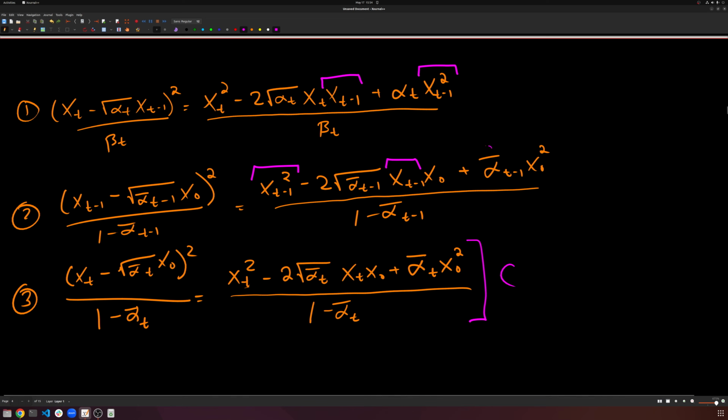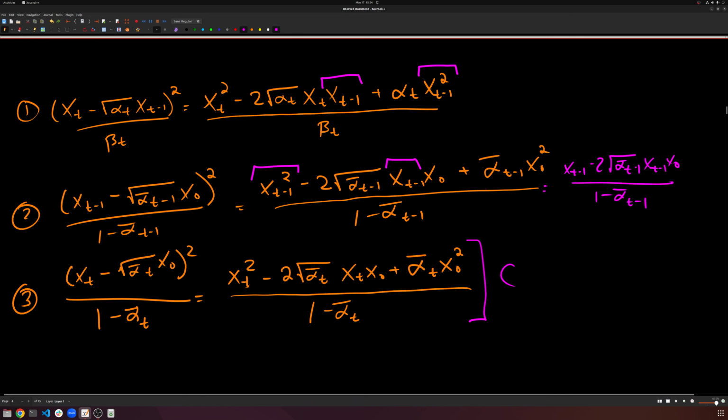And then, if we rewrote this as, let's do xt minus 1 minus 2 square root alpha hat t minus 1, xt minus 1 x0 over 1 minus alpha hat t minus 1. That's the first part. Plus, now we have this second part.